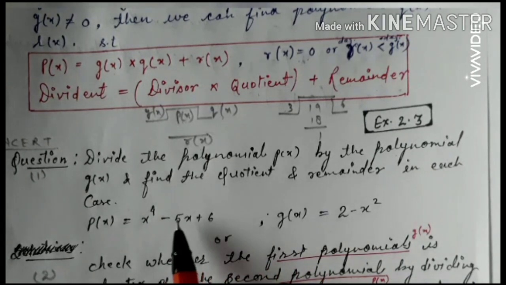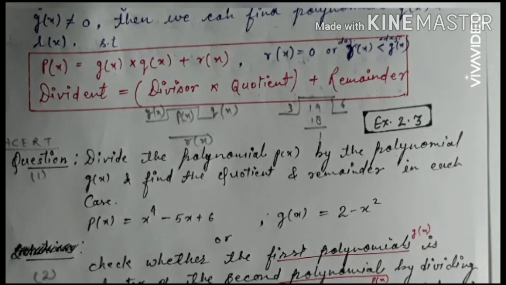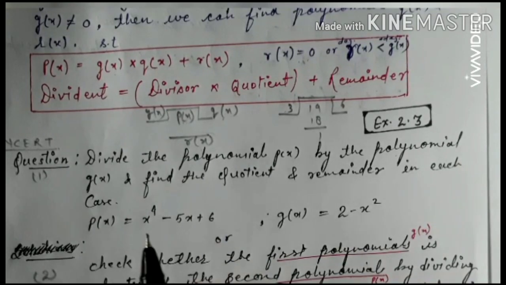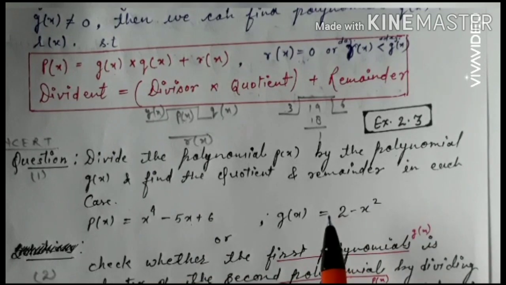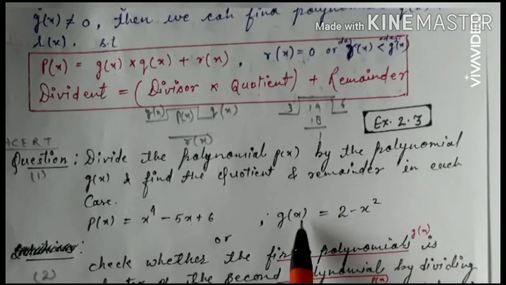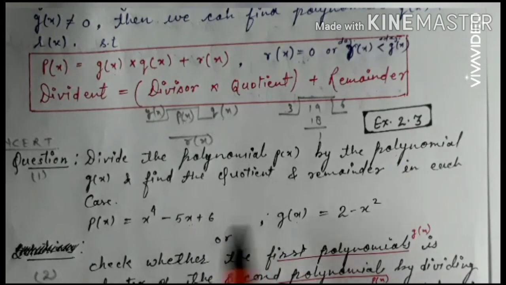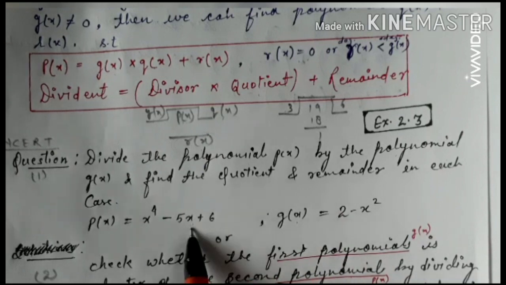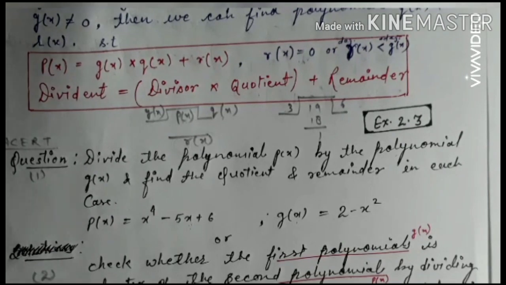When you divide and get remainder 0, it is a factor of this one. But if the remainder is something other than 0, then it is not a factor. When the divisor completely divides the dividend, we say it is a factor. But when the divisor does not divide the dividend completely, we say it is not a factor. Okay, so now let's come to do this division.